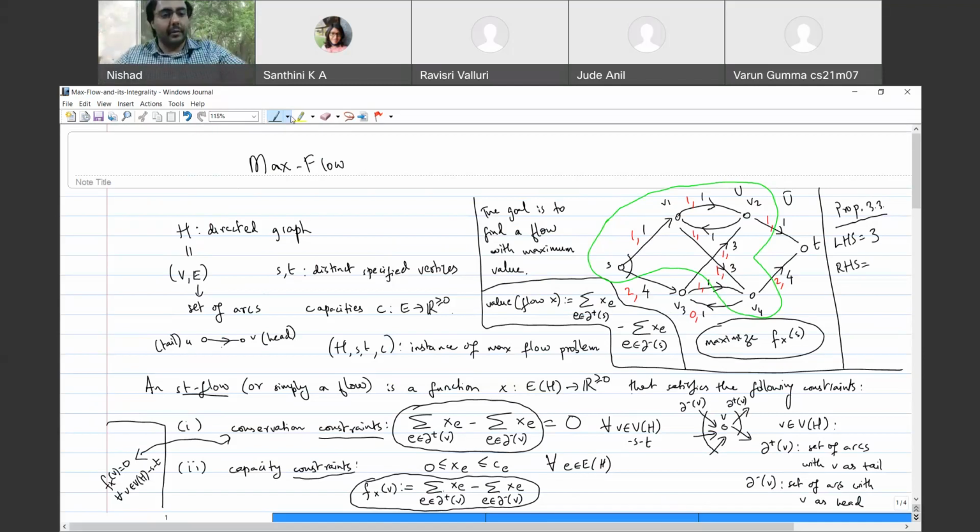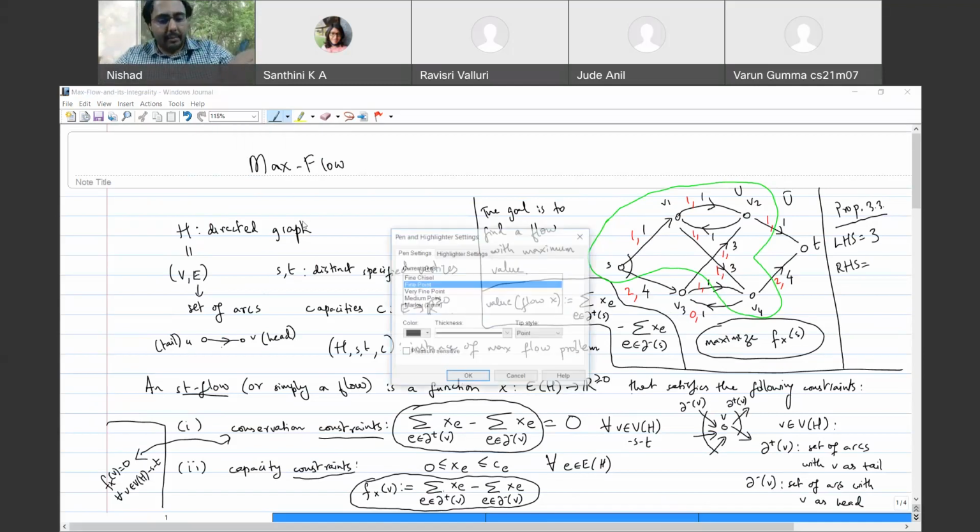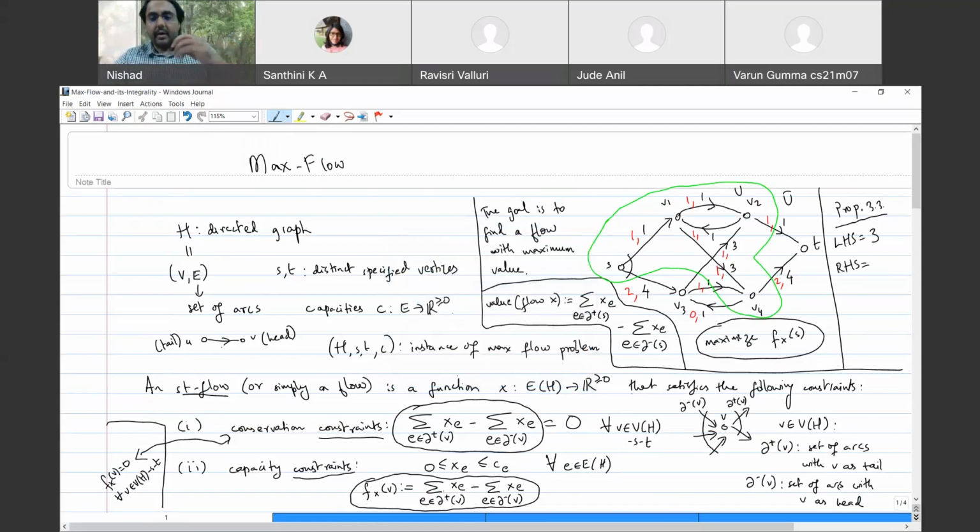So what is that quantity? Let's see what we have to do. We need to add up all the values of the arcs that are going from U to U bar, right? So they have the tail in U and the head in U bar. So let's see what that is. This one has to be added. This one has to be added. This one here has to be added.